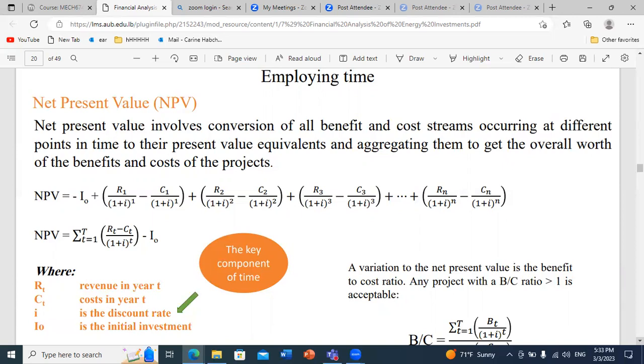So the net present value involves conversion of all benefit and cost streams occurring at different points in time to their present value equivalents and aggregating them to get the overall worth of the benefits and costs of the project.